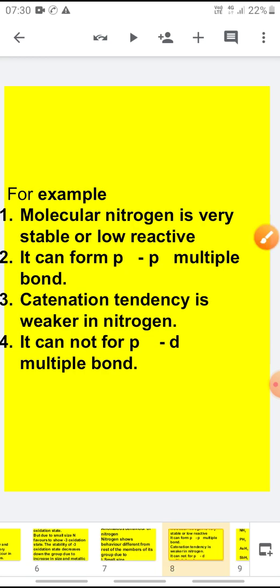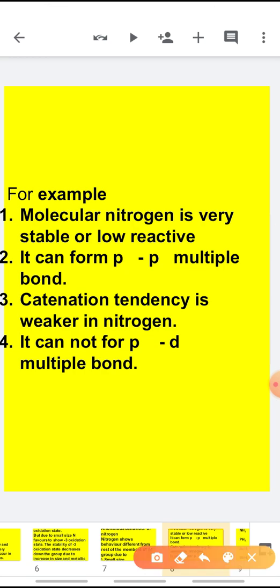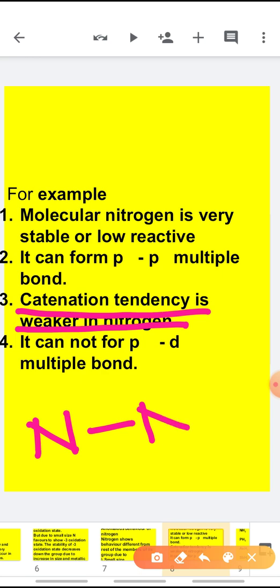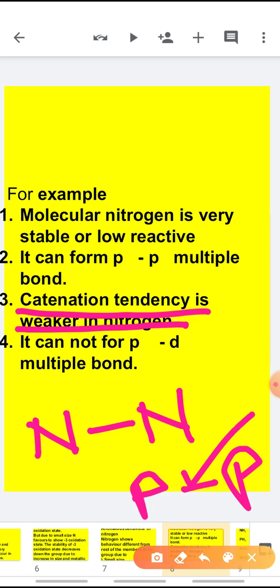The third important point is that catenation tendency is weaker in nitrogen. Catenation tendency means if we compare a single bond between nitrogen and nitrogen with a single bond between phosphorus and phosphorus, the phosphorus bond will be stronger, but the nitrogen bond is very weak.